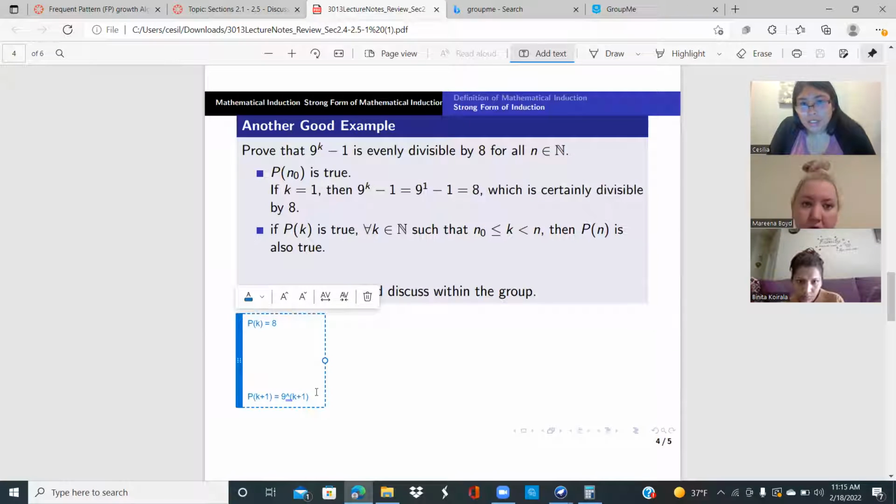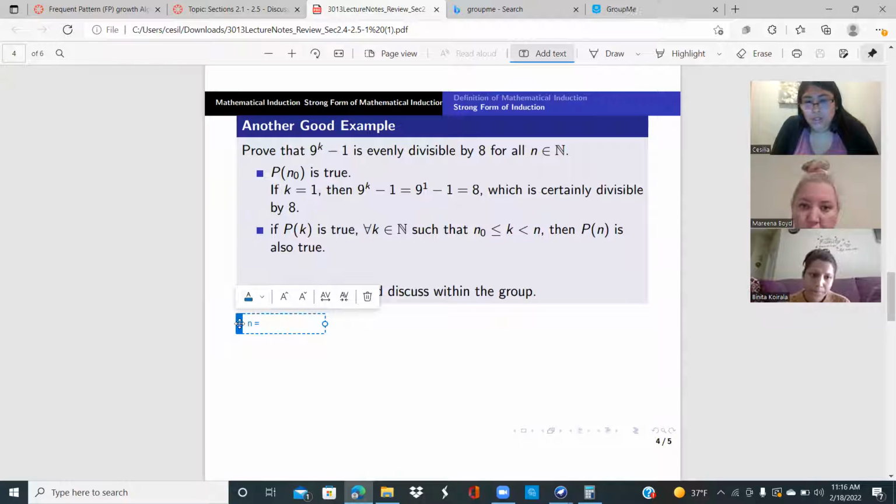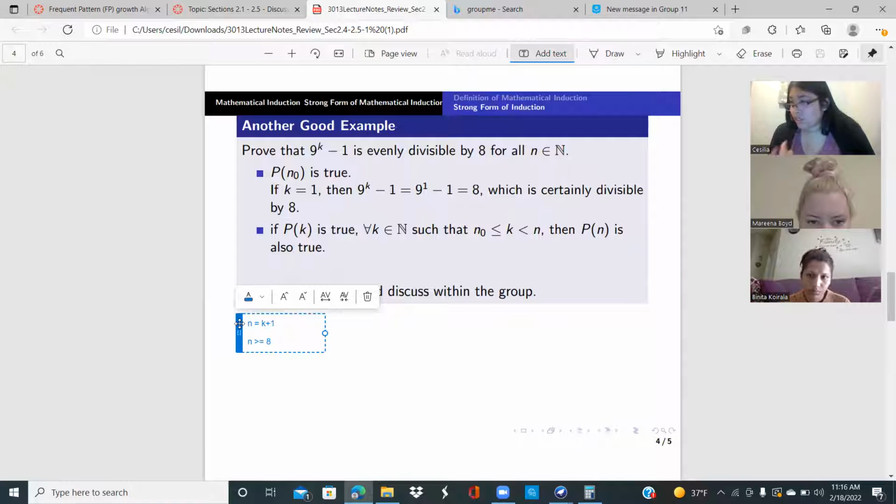I already wrote all of this out, so hopefully this will make better sense than what's on there. So let's say for n equals k plus 1. Once you plug that in, that should be greater than or equal to, I'll just leave it like that, equal to 8, because once you do the basic step of n equals 6, which is 6, and then n equals 7, which is 7, and so forth, you do k plus 1.